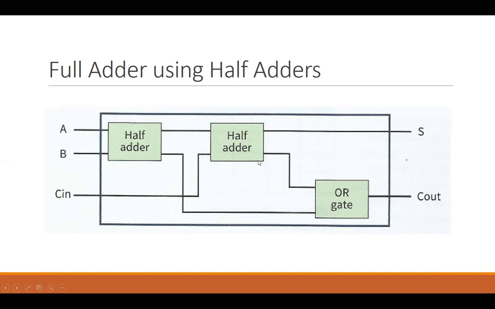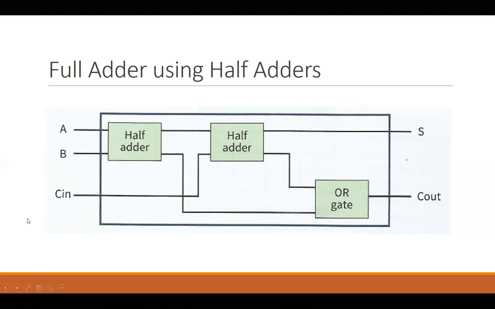The next half adder circuit is going to again generate a carry bit here and a sum bit here, and that carry bit from the previous half adder and this carry bit from the next half adder both have to be added into an OR gate in order to generate a carry out. It's a fairly simple logical explanation.